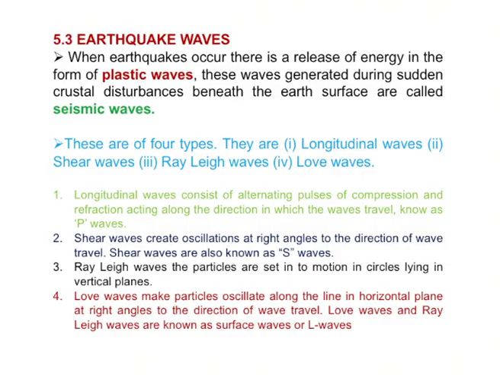And the final one, the fourth, is L waves. Love waves oscillate particularly along the horizontal plane, and they also create right angles, and along these right angles the waves travel. So here Love waves and Rayleigh waves are known as the surface waves.